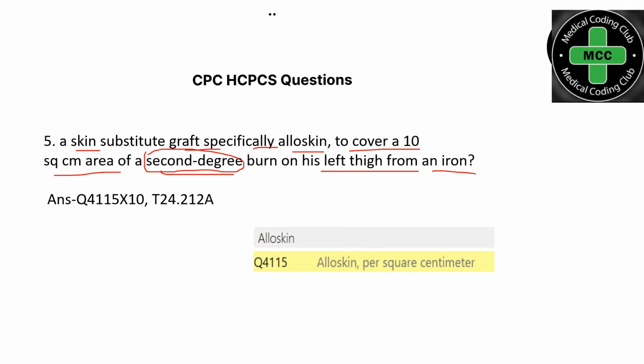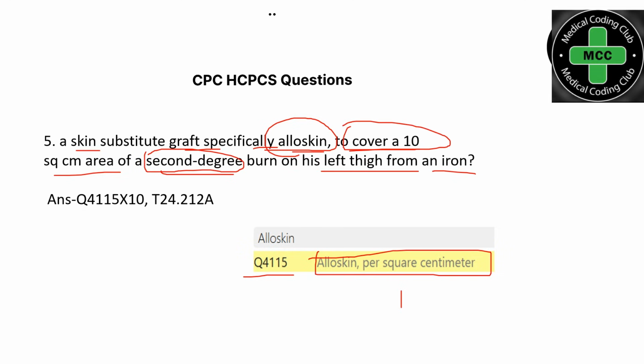For the answer, you can go and check the HCPCS code for aloe skin. Aloe skin codes are based on the square centimeter. If you check Q4115, aloe skin per square centimeter, that means 1 square centimeter. Here they have given a 10 square centimeter area, so you should give units 10.